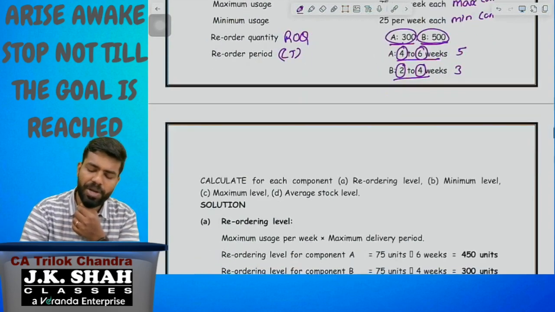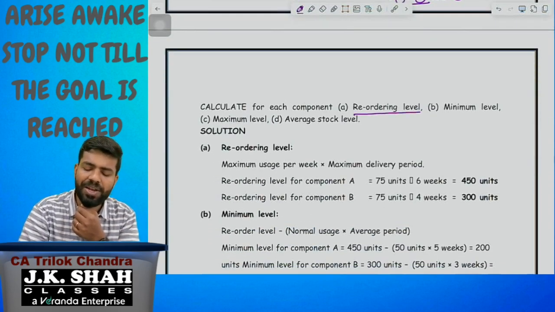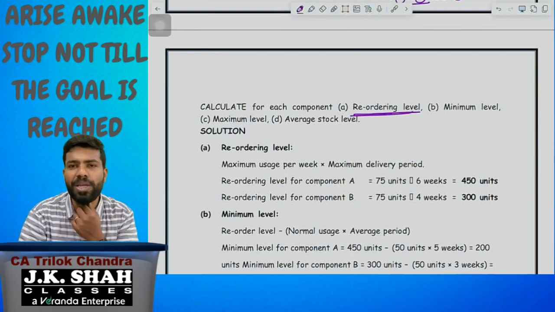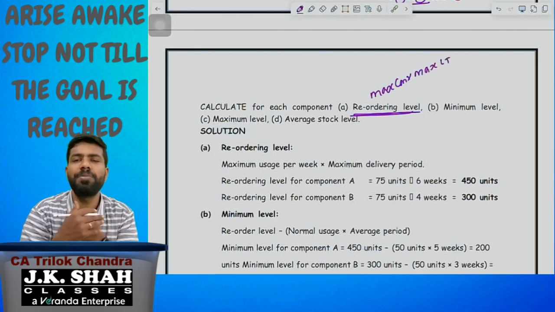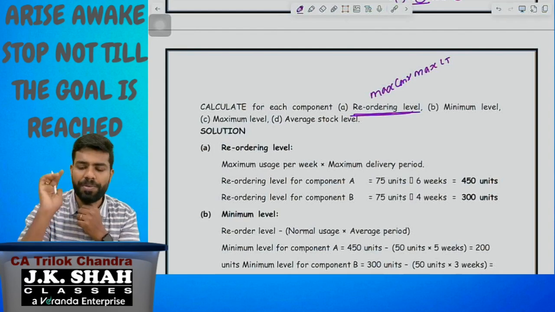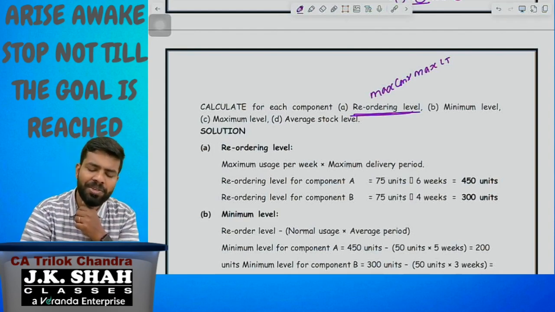Calculate for each component the reordering level, nothing but ROL. How to calculate ROL? What is the formula? Maximum consumption into maximum lead time. Okay, let's go one by one. They are also asking for minimum level, maximum level, and average stock level.